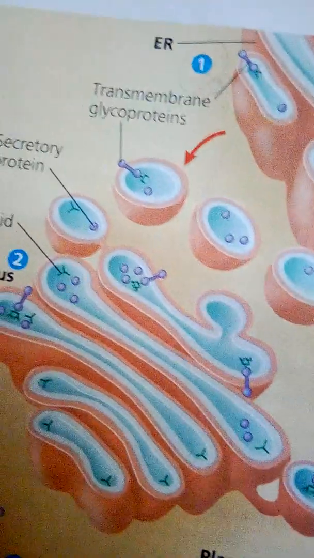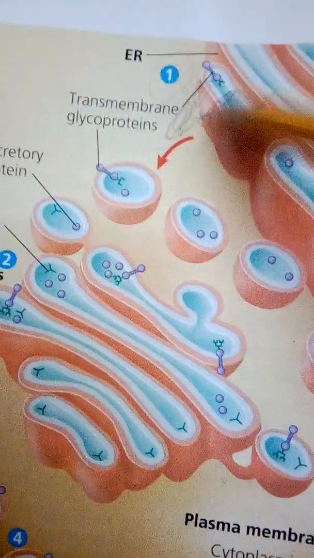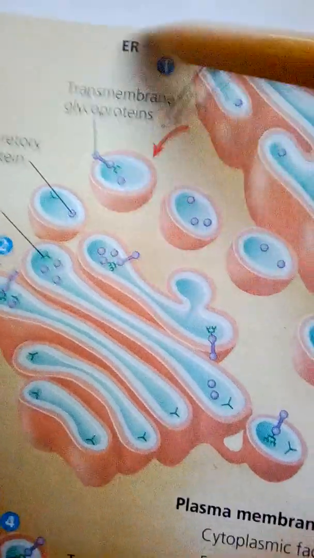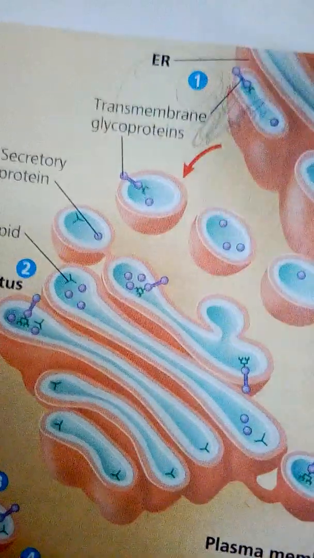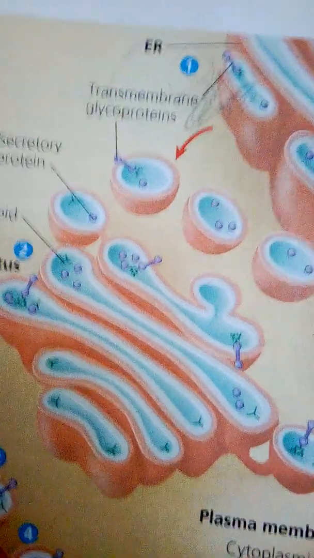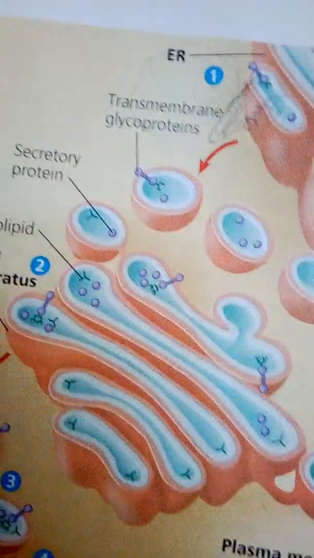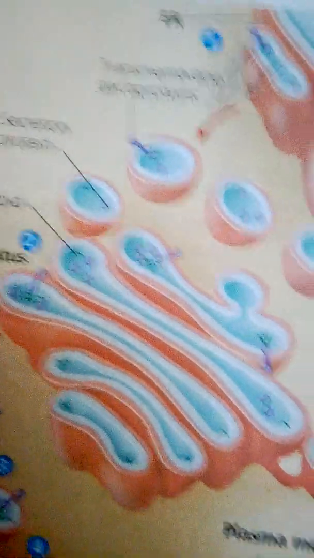Therefore, molecules that start, notice number one, start out on the inside face of the ER end up on the outside face of the plasma membrane. The process shown here starts with one, the synthesis of membrane proteins and lipids in the endoplasmic reticulum.